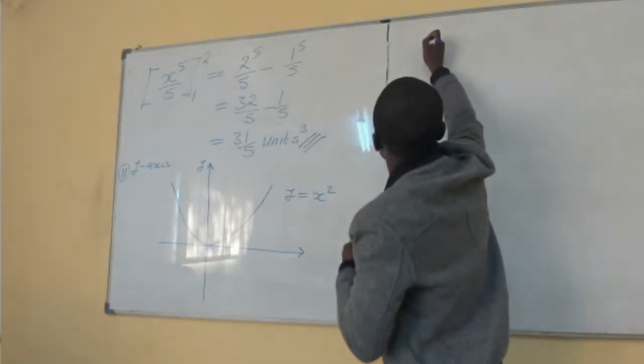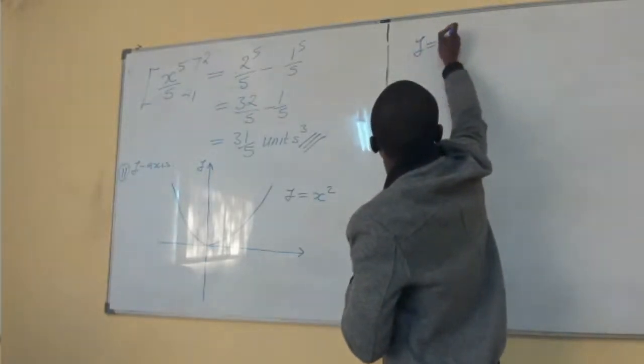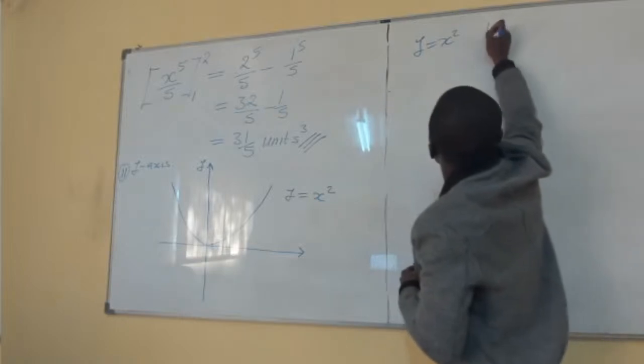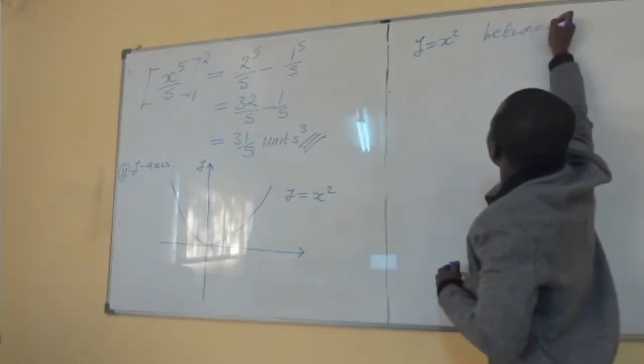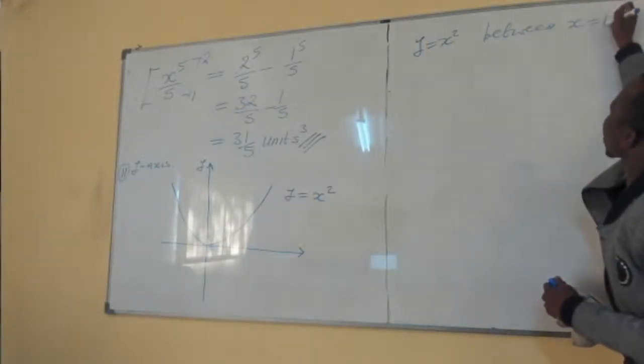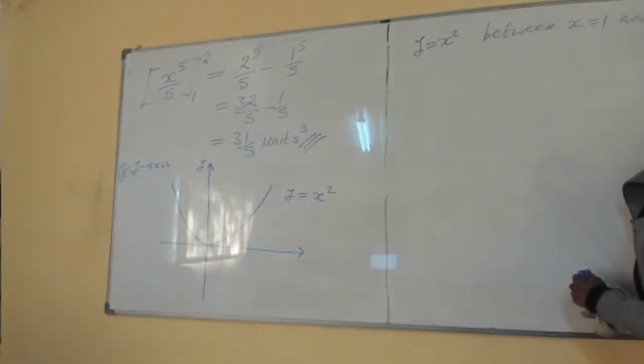We want to find the portion of the curve y equal to x squared between what? Between x equal to 1 and x equal to 2.